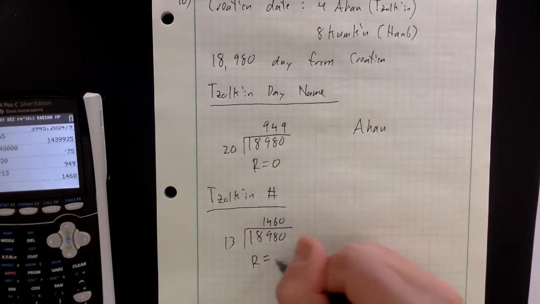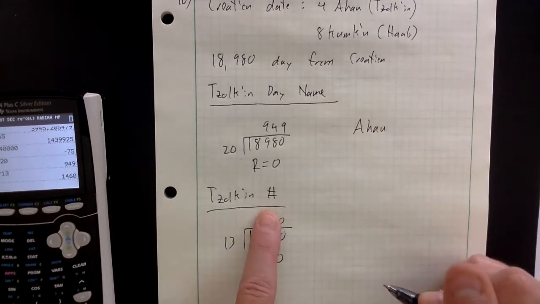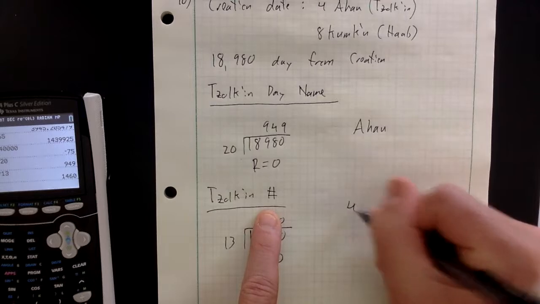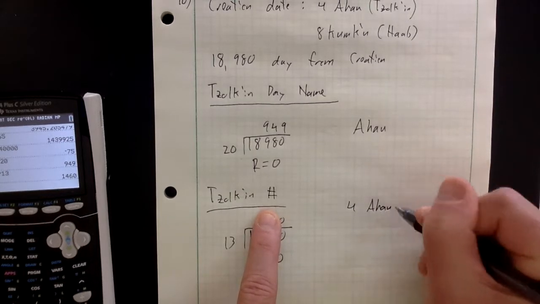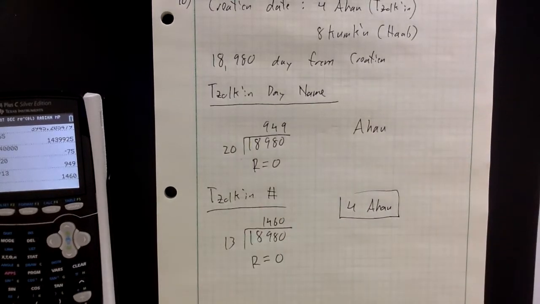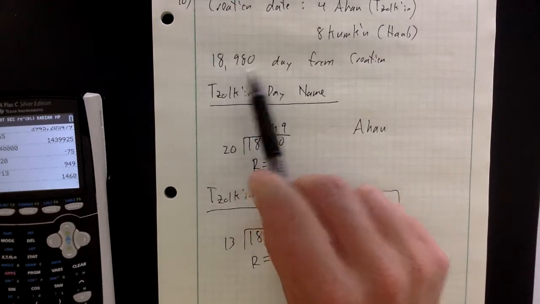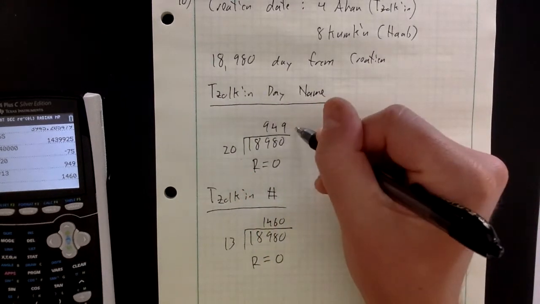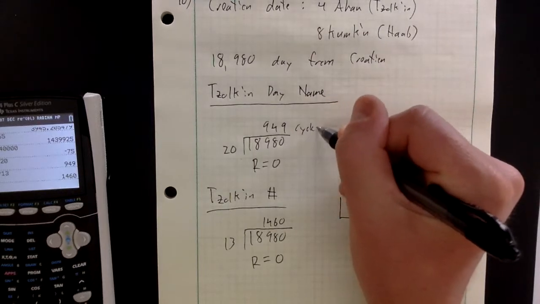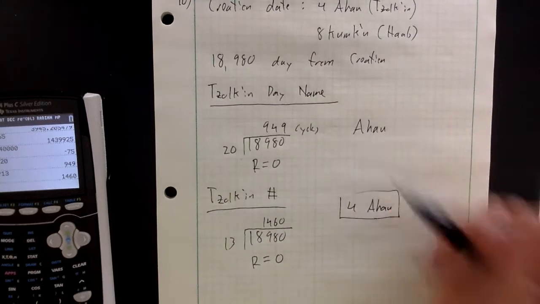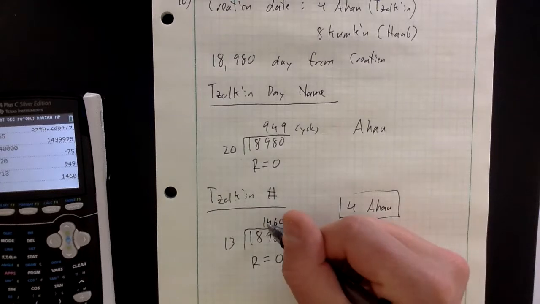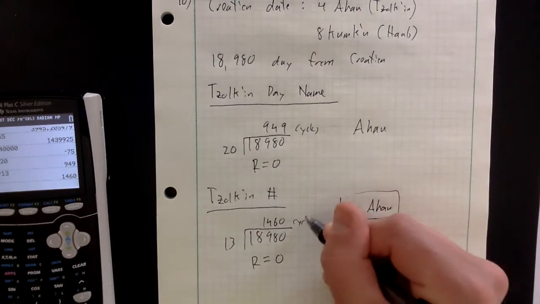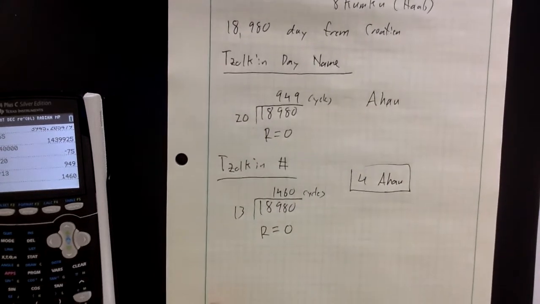Again, we have a remainder of 0, so the number does not change. So it is 4 Ahau. In other words, if we take these 18,980 days, that would be 949 cycles through all the different names, repeated back at Ahau, and it'd be 1,460 cycles through all the numbers.